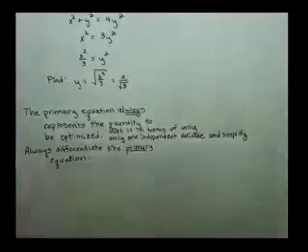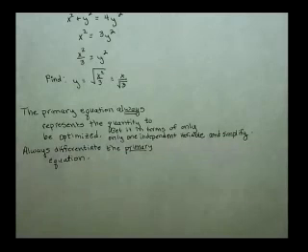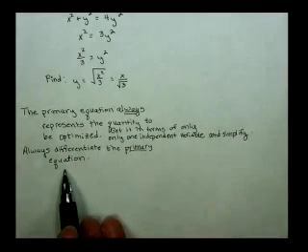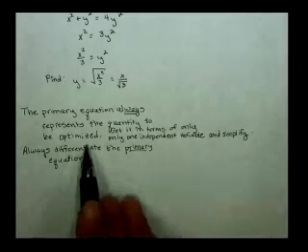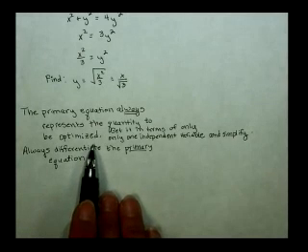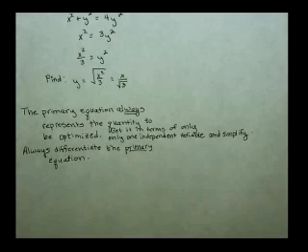Yes, actually, let me tell you why this note makes so much sense, in retrospect. It makes sense that you're going to differentiate the equation that you're trying to optimize. If you're trying to maximize the volume, then the volume is what you need to differentiate. And the volume is going to be your primary equation.